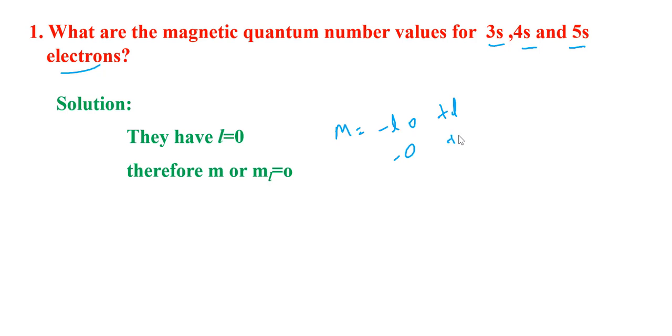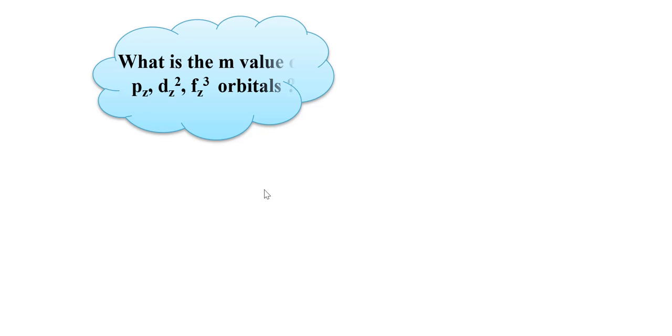Minus 0 plus 0, 0. That means total only 0 is there. What is the M value of Pz, dz square, fz3? For z we always take M as 0. So the M value will be 0.